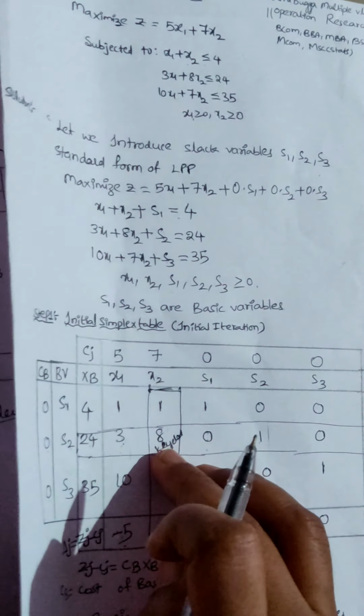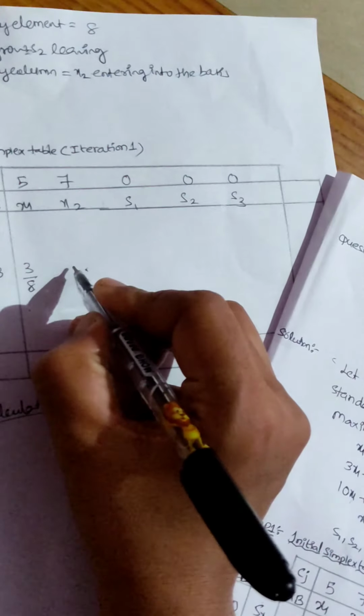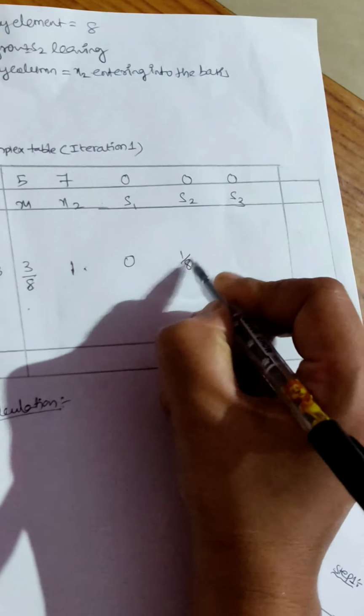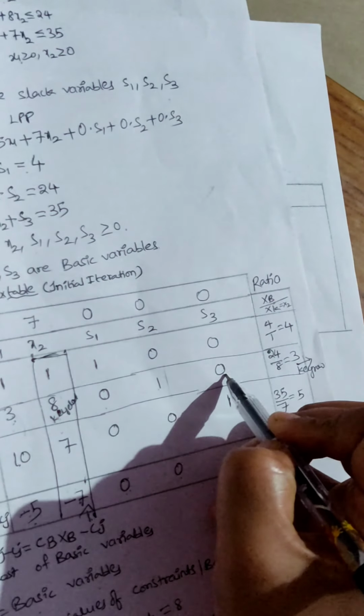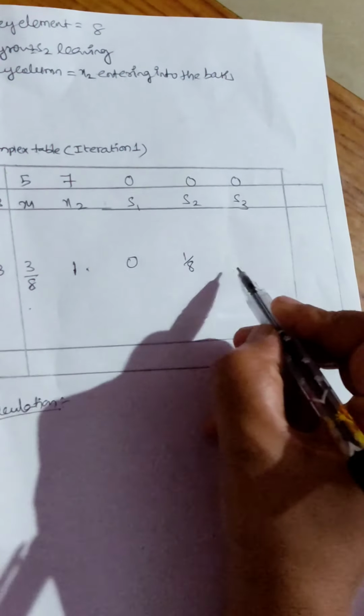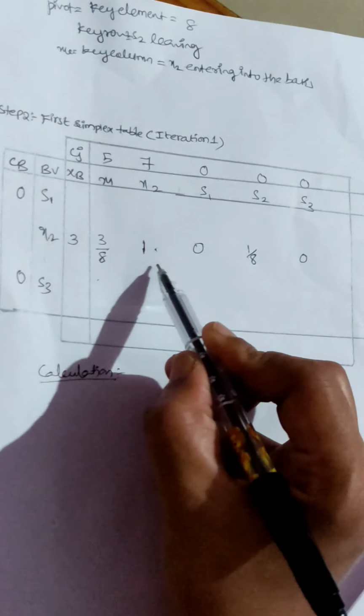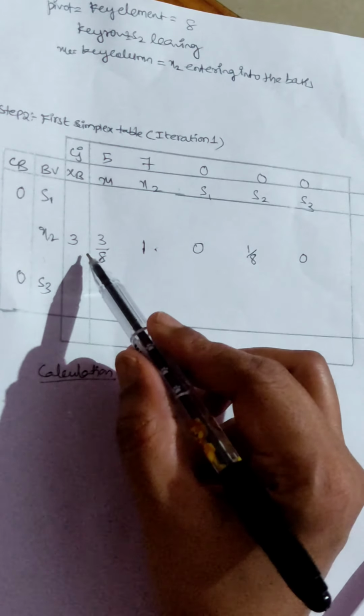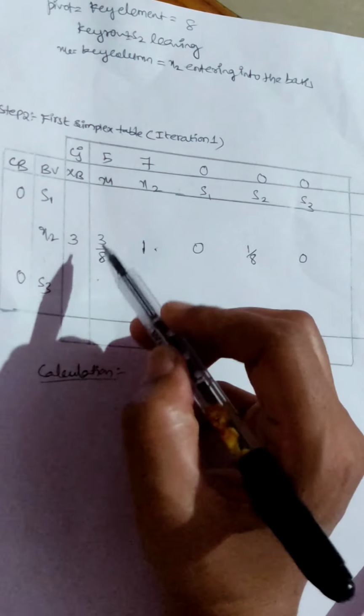Eight divided by 8 is 1. Next, 0 divided by 8 is 0. Next, 1 divided by 8 is 1 by 8. Next, 0 divided by 8 is 0. Okay. These are the newly entered values in the key row in the first simplex table.